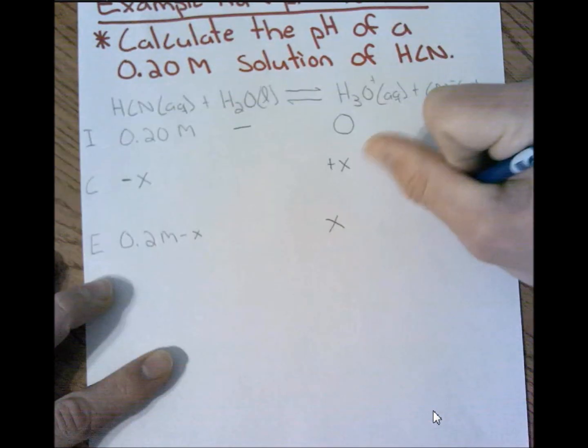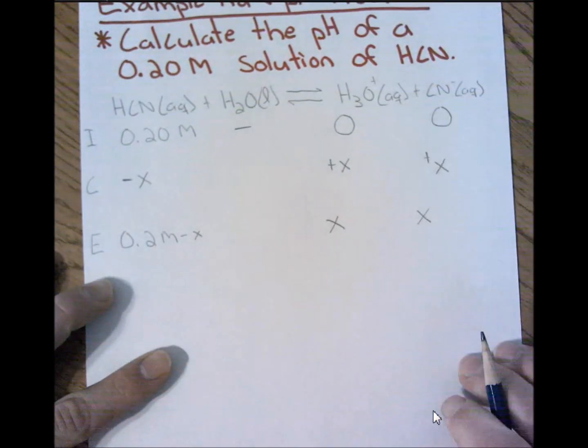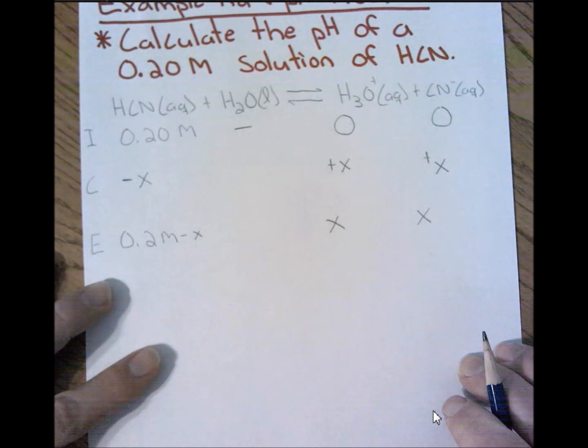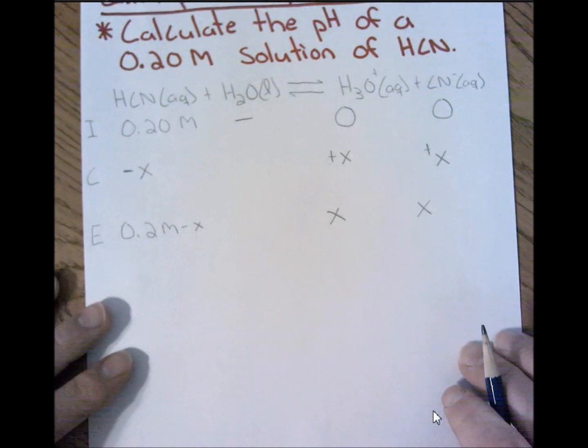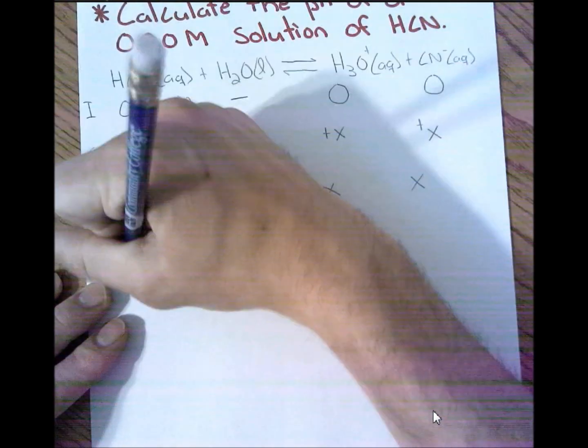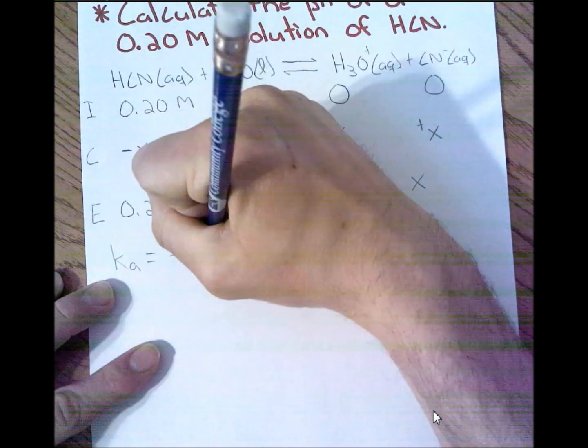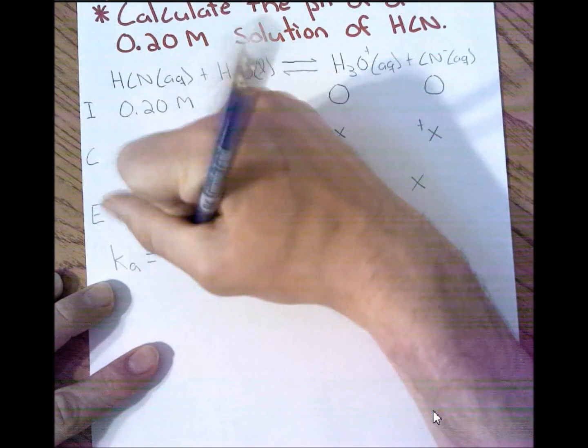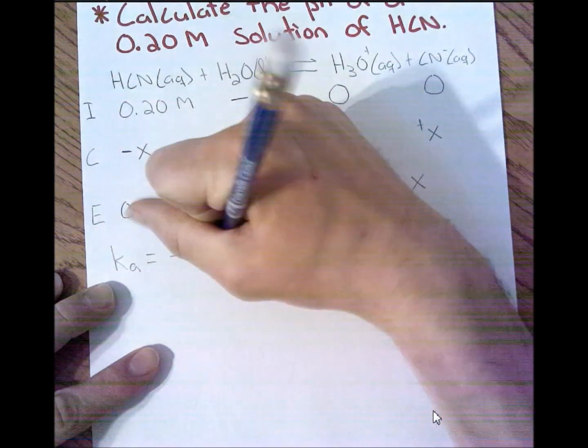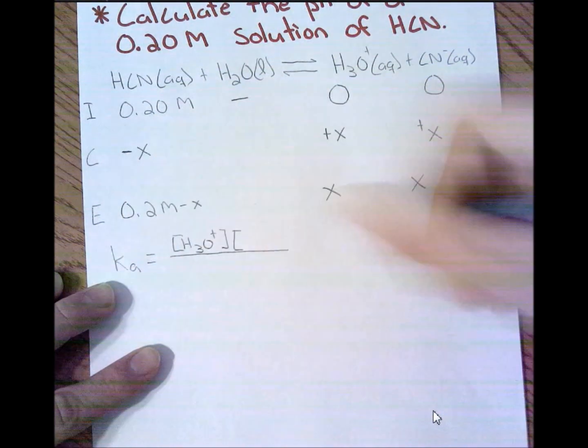So our Ka is going to be equal in this scenario to our hydronium H3O plus times our CN minus, all divided by the concentration of HCN at equilibrium.